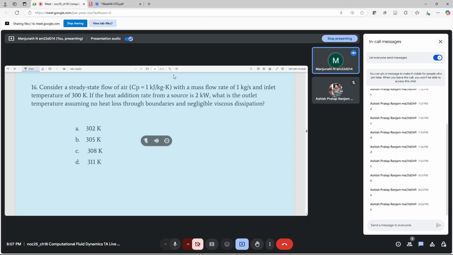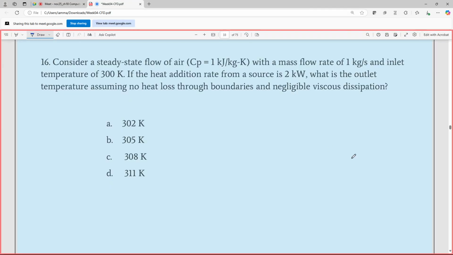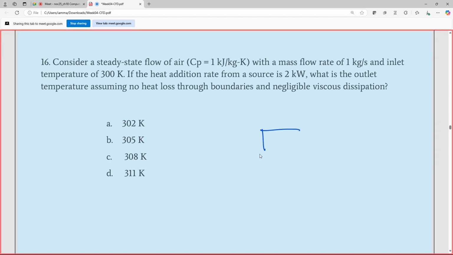So our answer is, for a system we have mass flow 1 kilogram per second and 300 Kelvin. Then Q into the system is 2 kilowatt. So we have to find the outlet temperature.